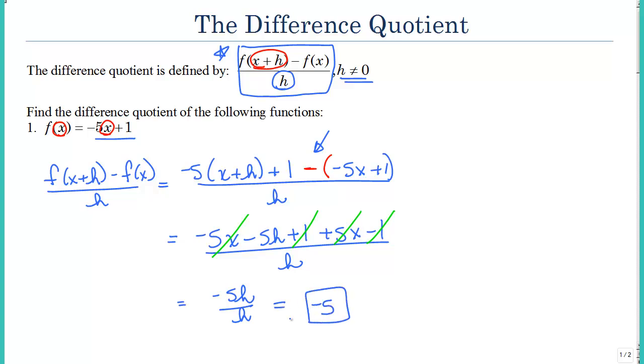Now here I want to point out, because that's a linear function, how does negative 5 relate to that line? Well, if we remember, y equals mx plus b, so if we have y equals negative 5x plus 1, negative 5 is the slope. And this is indeed how to find the slope of different functions, which you will get a lot of in calculus.